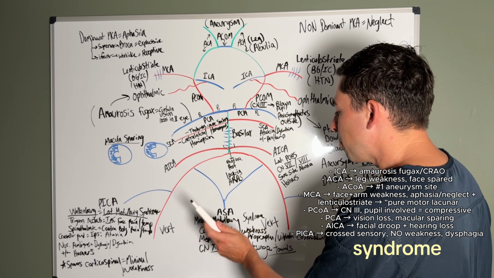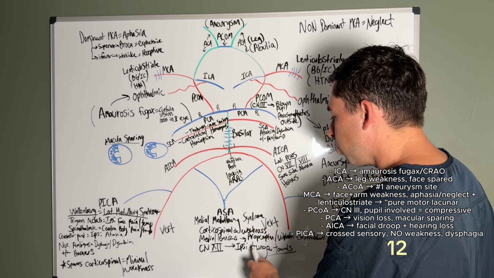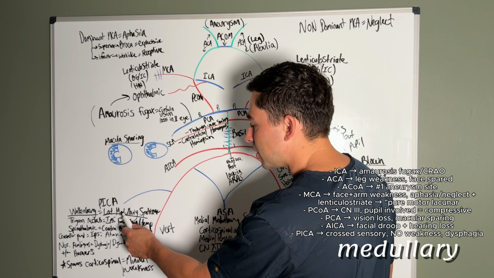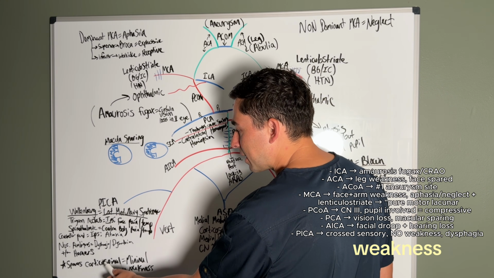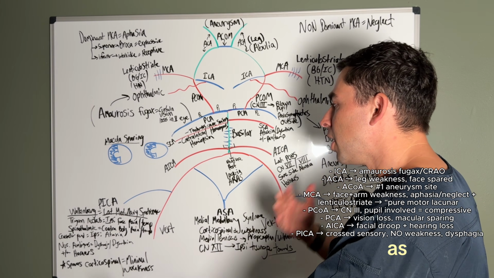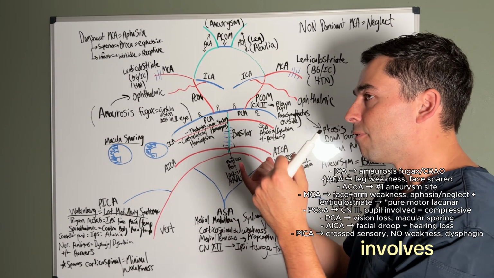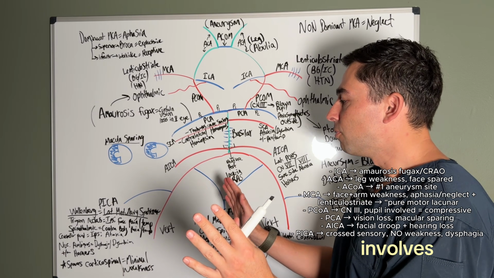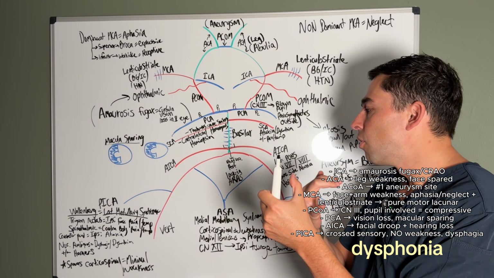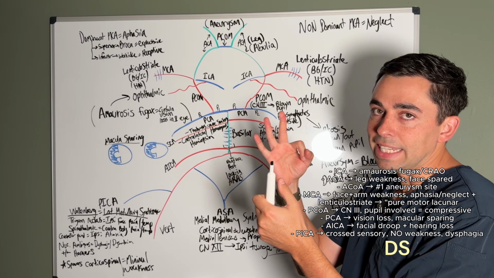Medial medullary syndrome involves weakness, cranial nerve 12, and vibration and proprioception, where lateral medullary syndrome spares weakness, however, has contralateral pain and temp, as well as ataxia, and usually almost always involves the nucleus ambiguus, so you have dysphagia, hoarseness or dysphonia, and dysarthria, the 3 Ds.